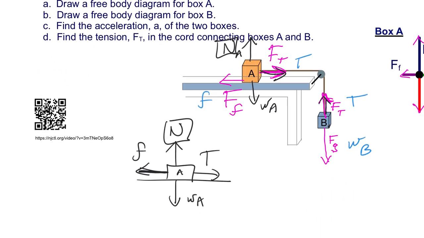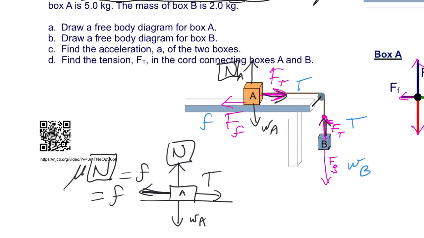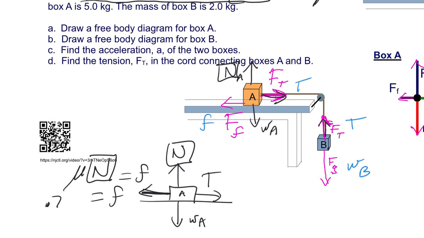Let's find the friction right now. Friction is equal to the coefficient times the normal force. So this friction is equal to 0.2 times the normal force, and since there's no diagonal forces acting on it, the normal force equals the weight.